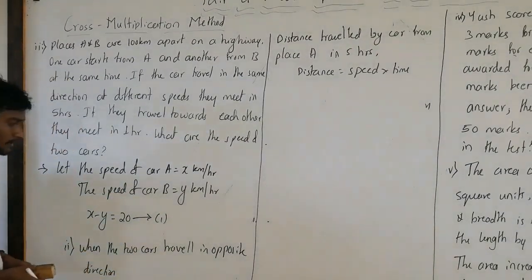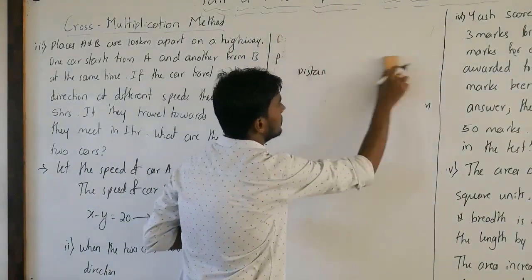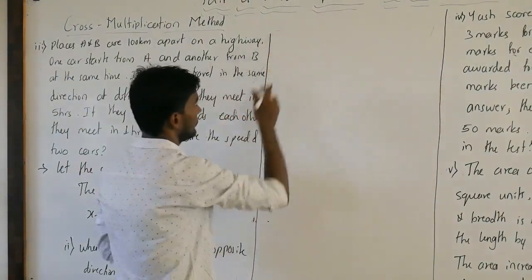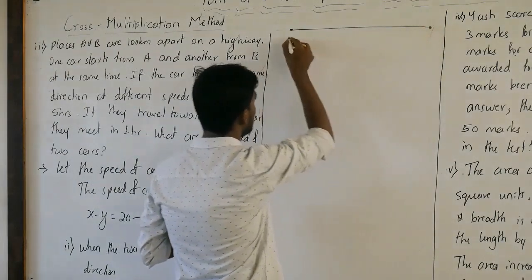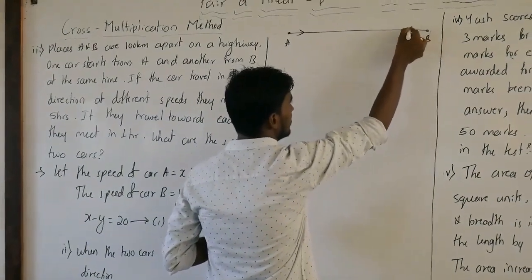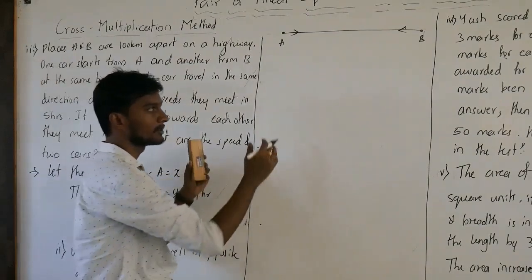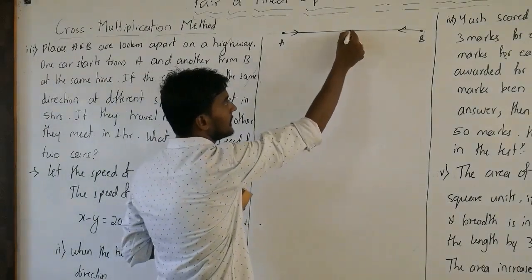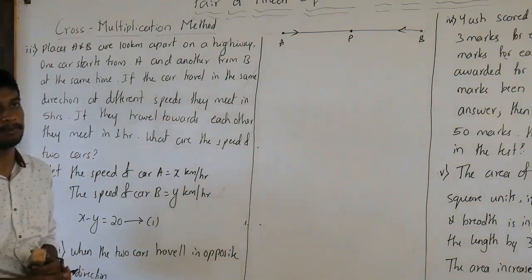If they travel in opposite directions, the diagram you will get is like this. Here is car A traveling in this direction, here is car B traveling in this direction. They are traveling in opposite directions, so in between them they will meet somewhere here. I will take it as P. They will meet at the point P.